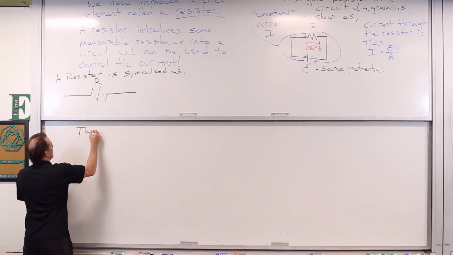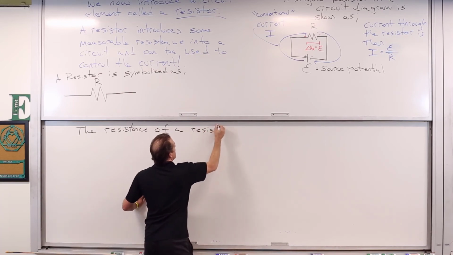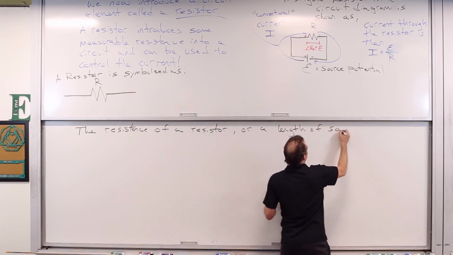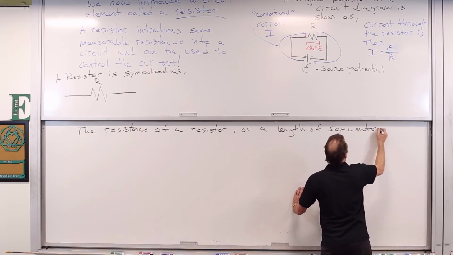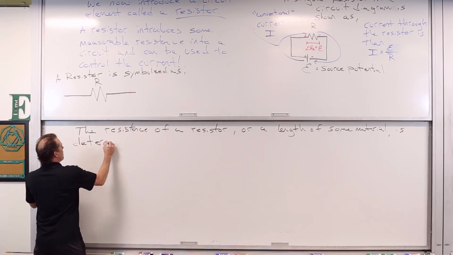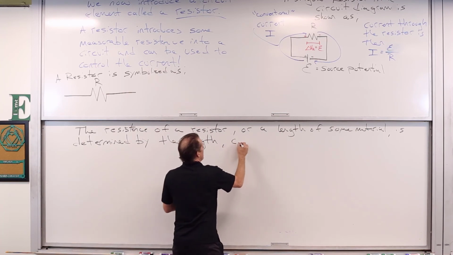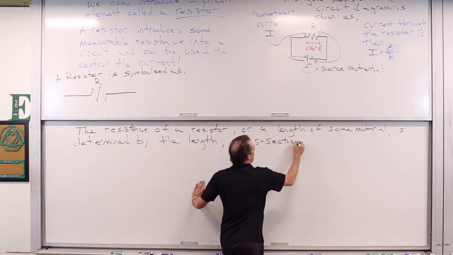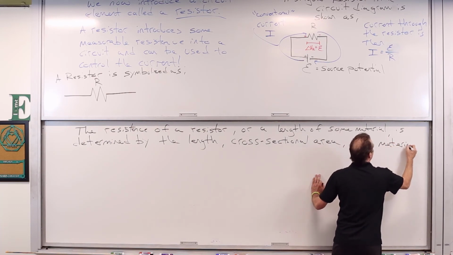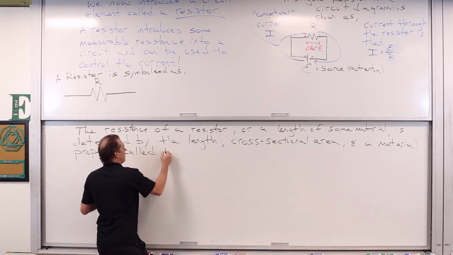The resistance of a resistor, or a length of some material, is determined by the length, cross-sectional area, and a material property called resistivity.